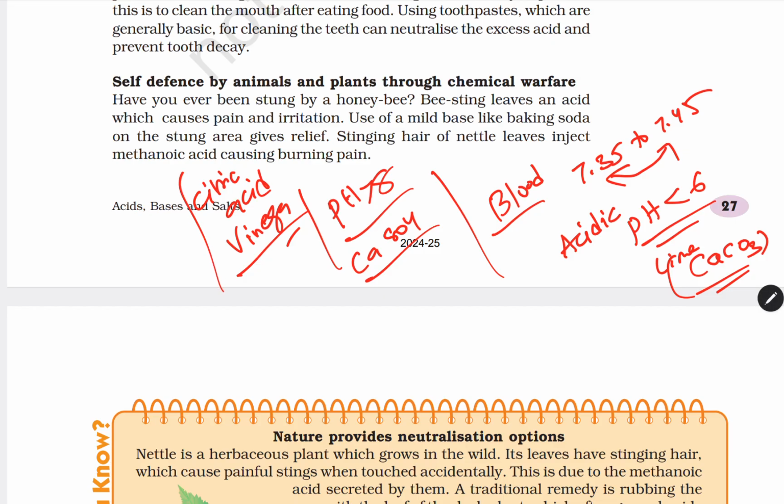Antacids, like we just discussed, such as magnesium hydroxide, are used to neutralize the excess stomach acid to treat acidity. And what about pH sensitive drugs? Some medicines work only within a specific pH range in the body. And in urine and blood tests, doctors check pH to diagnose diseases like diabetes and kidney problems.